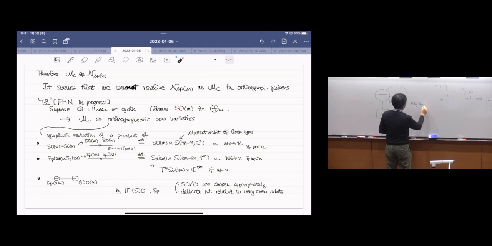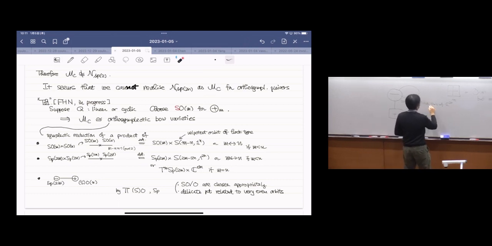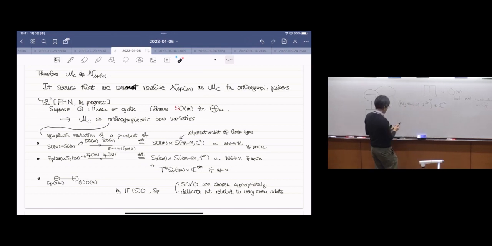What is this homomorphism? The Lie algebra of Sp2N consists of skew adjoint homomorphisms, but instead you take this one and tensor with C2 and the symplectic form. You put the standard symmetric inner product here, and you tensor with the symmetric product here.